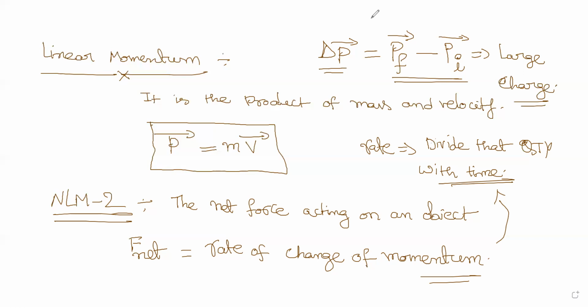Now after this, for small changes, we write F bar net as dp bar by dt.